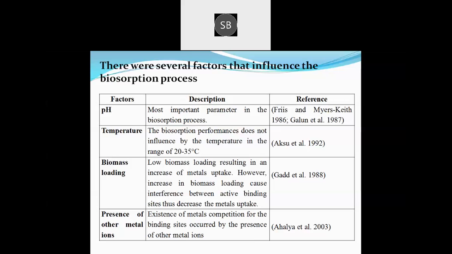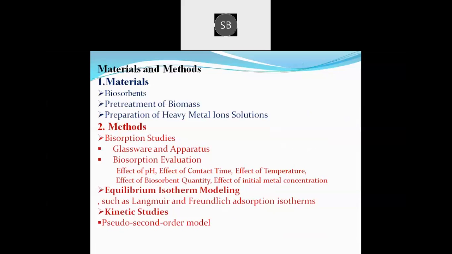Low biomass can take up more heavy metals, but there is competition among the heavy metals, so biomass should be optimized. How much biomass we load in the process is very important. The next one is the presence of other metal ions. If you want to remove one heavy metal, but other metals are also present in that wastewater, there may be a chance of competition among the metals. All these are factors which influence the biosorption process.